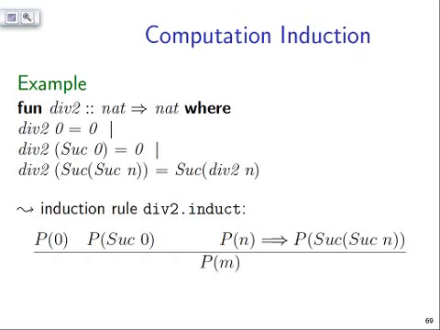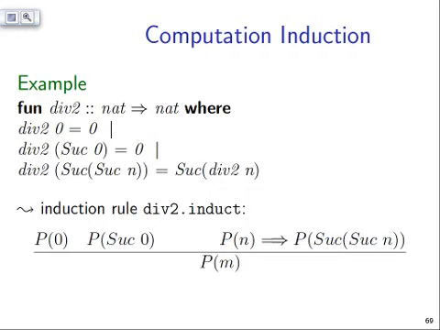It's always called function name dot induct, is a theorem in the logic and a theorem that represents an induction schema. And this is what the induction schema looks like for this particular function. So it says if you want to prove P for all m, then what you have to prove is that it's true for 0, you have to prove that it's true for successor of 0, those are the two base cases.